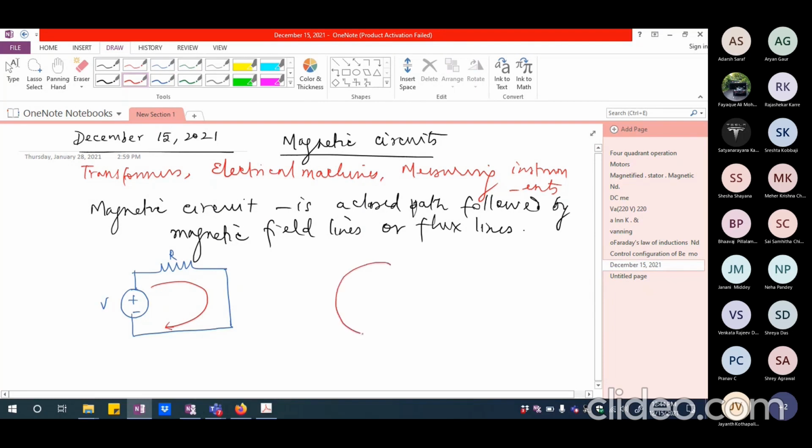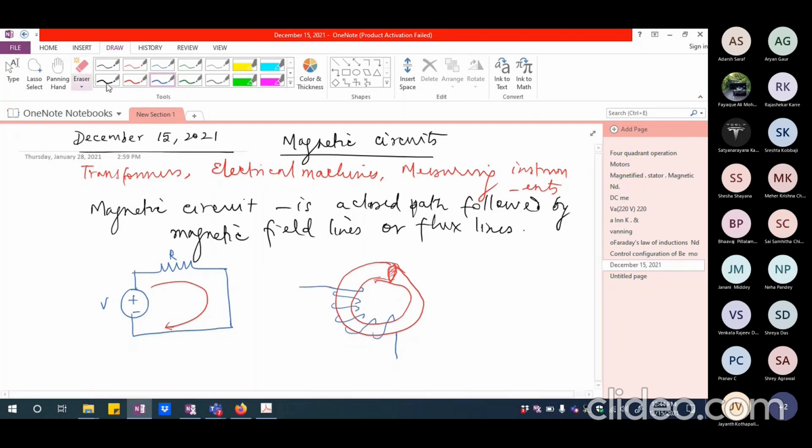So for example, let us say I have an iron ring like this, which can have a circular cross section. Around this, I'm going to wind a winding, and I'm going to take the wire out like this.